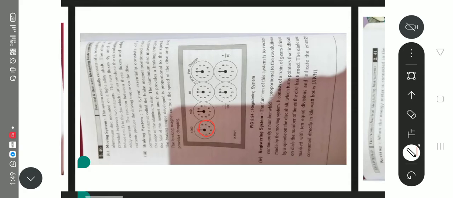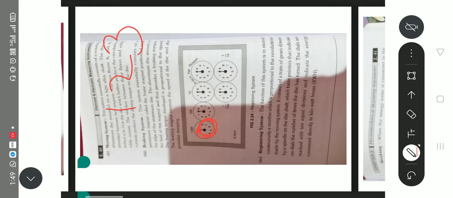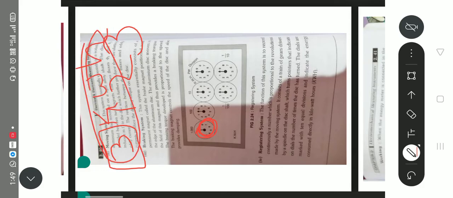Same way it keeps taking revolutions. How many revolutions it gets will be recorded in the registering system. For example, these 3 revolutions, so 3 kilowatt hour is shown.